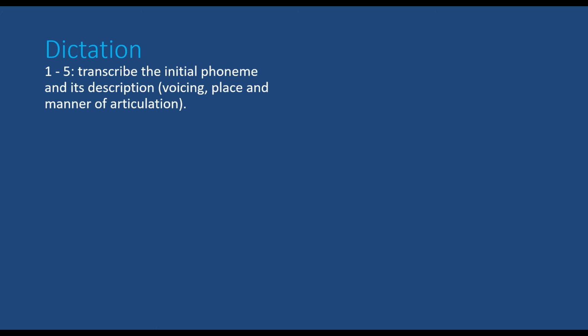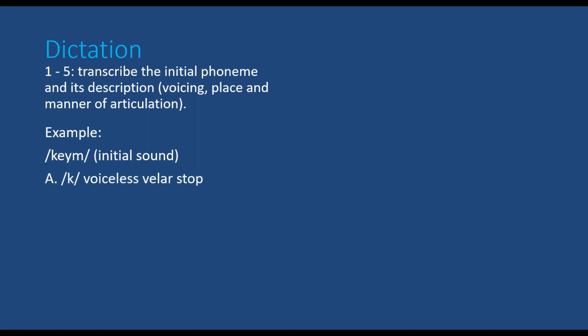So let's try to do a dictation practice. You already know how this works, so number your paper from 1 to 10, and the first 5 I dictate, you will transcribe the initial phoneme and its description, which now I'm going to ask you for voicing, place, and manner of articulation. So for example, if I dictate came, came, came, you will look at the initial sound and write the phoneme and the description, which is a voiceless velar stop.